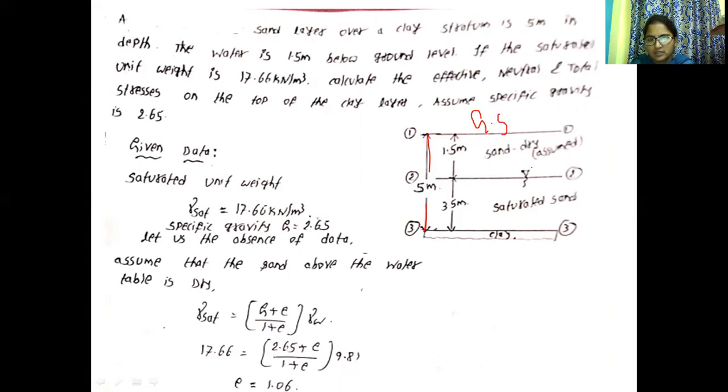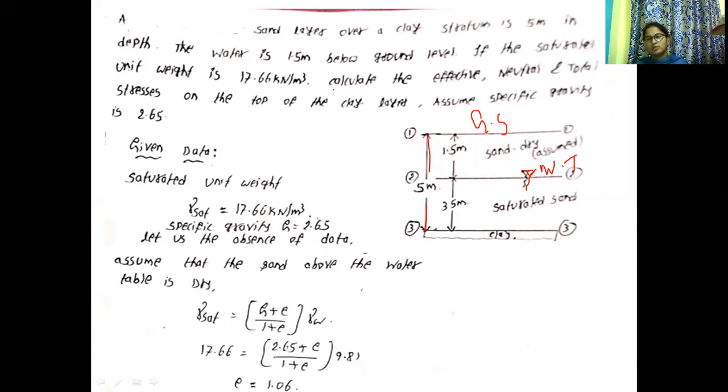This is the symbol of the water table. The saturated unit weight, gamma sat, is given as 17.66 kilonewton per meter cube. We need to calculate total, neutral and effective stresses.